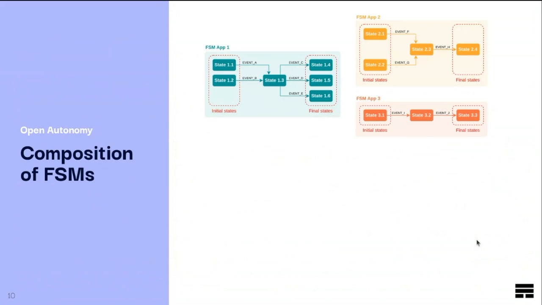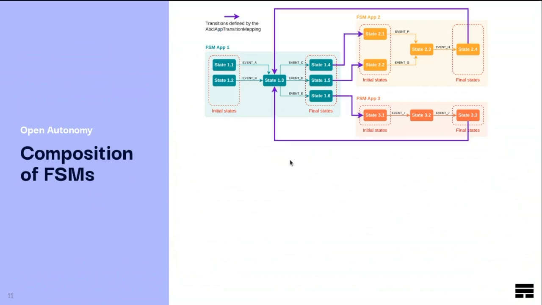As an example, I think you saw a similar example, but maybe this is a little bit more complete than in the video for the session related to the trader. Let's assume we have these 3 FSM apps. As I mentioned, you can define the initial states and the final states for each one of these FSM apps. So this means that I can link final states with initial states of another FSM app.